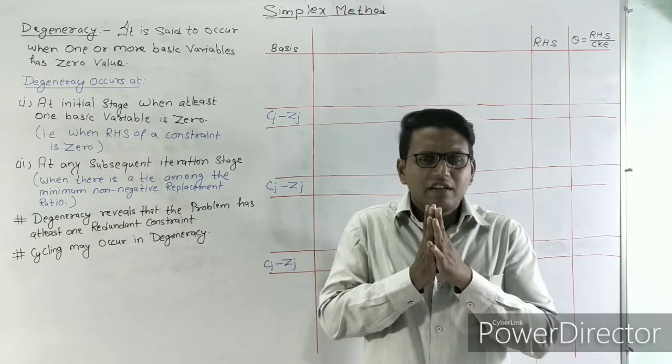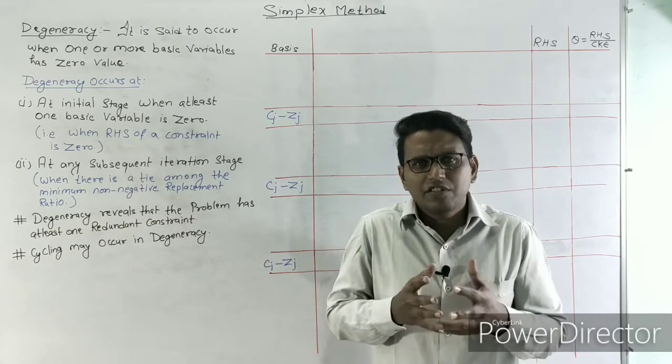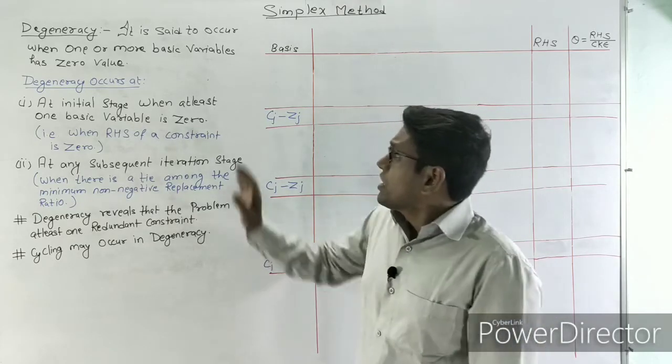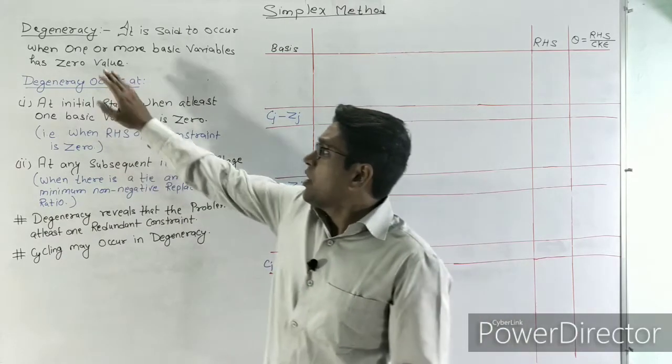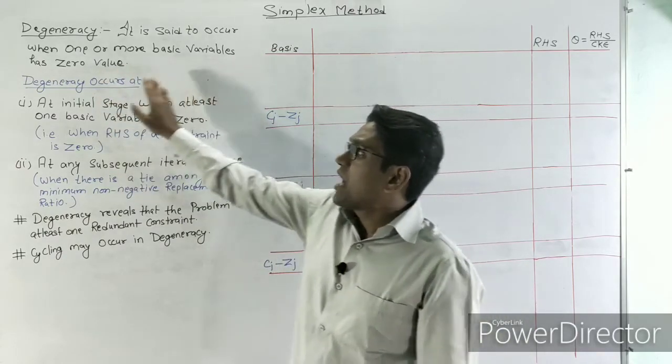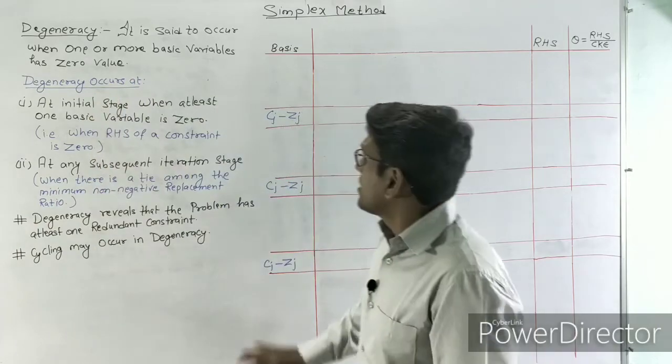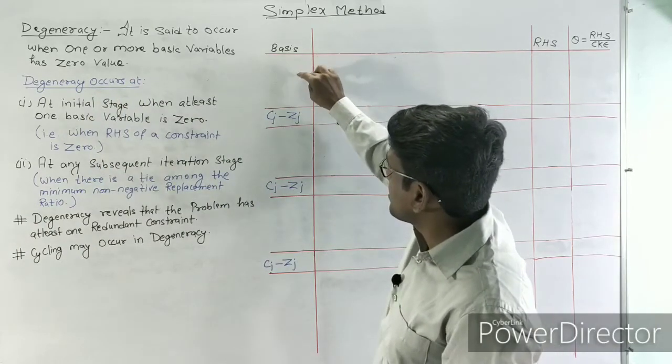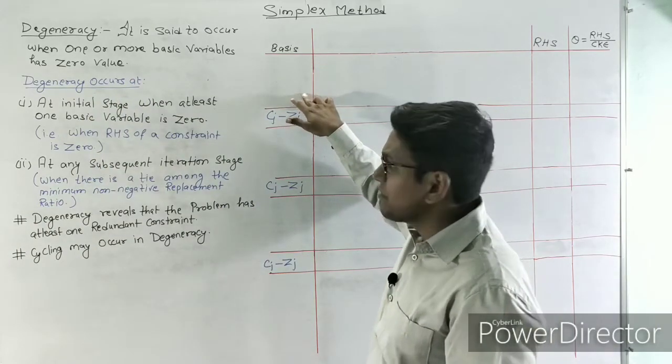So now let us understand where actually degeneracy occurs. Degeneracy occurs when one or more basic variables has a zero value. We know that the variables in the basis column are known as basic variables.